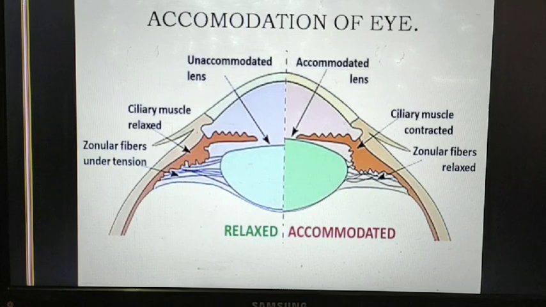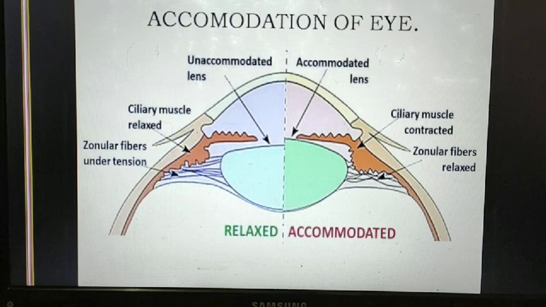Next we'll talk about accommodation of the eye. The ability of the eye to bring about the necessary alterations in the focal length of the lens according to the distance of the object from the eye is known as accommodation.